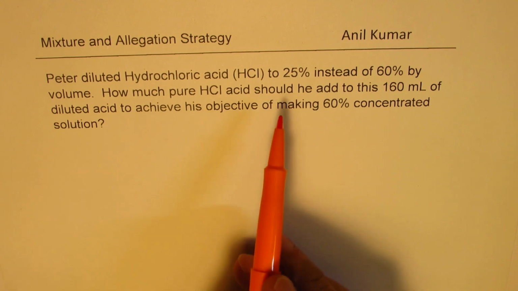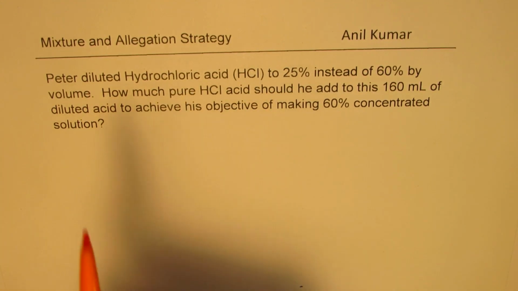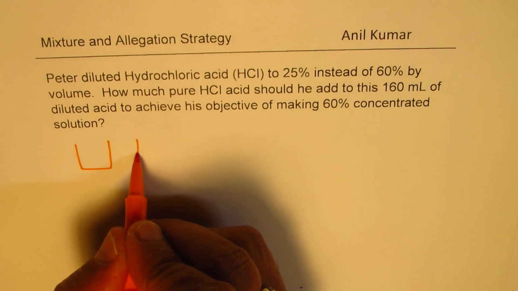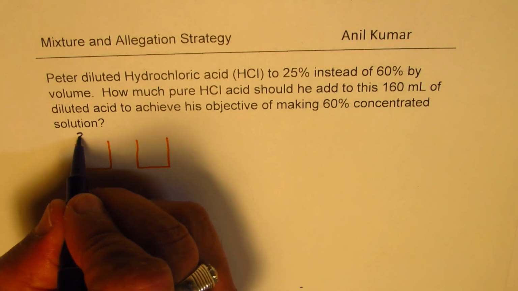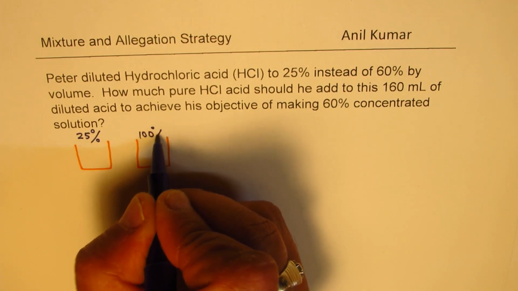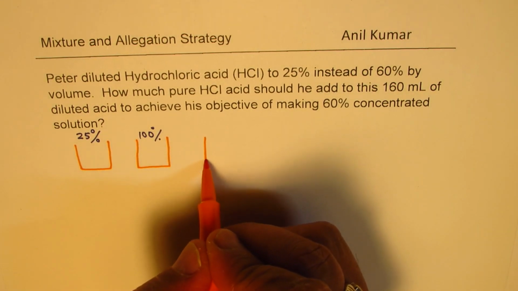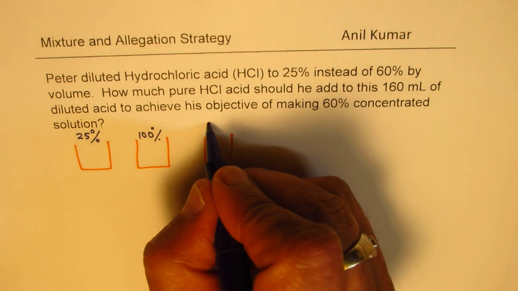Because Peter diluted to 25%, we have a 25% solution and 100% pure solution. What we need is a 60% solution.